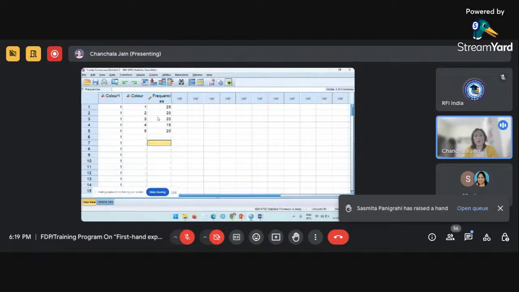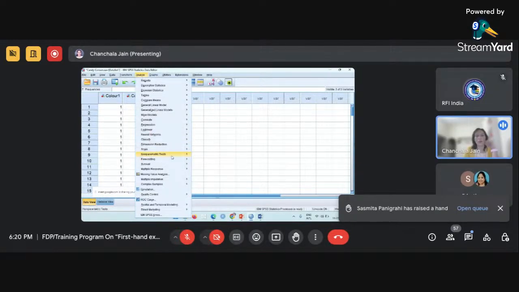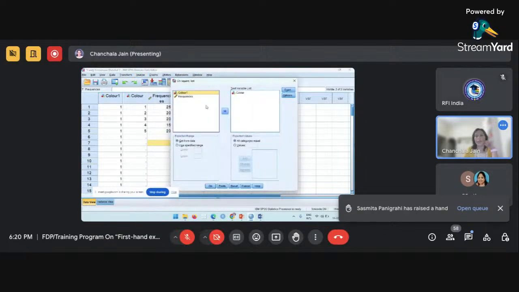Once you click on OK, you will be able to see at the bottom right a status showing Weight On. Now again, you need to go to Analyze, then Nonparametric Tests, Legacy Dialogs, and Chi-square.